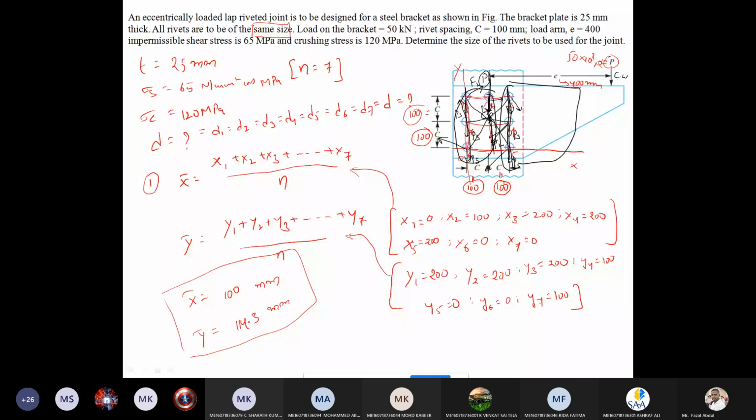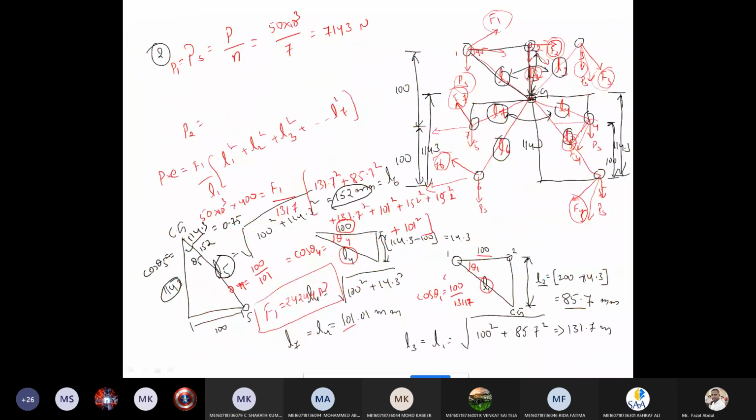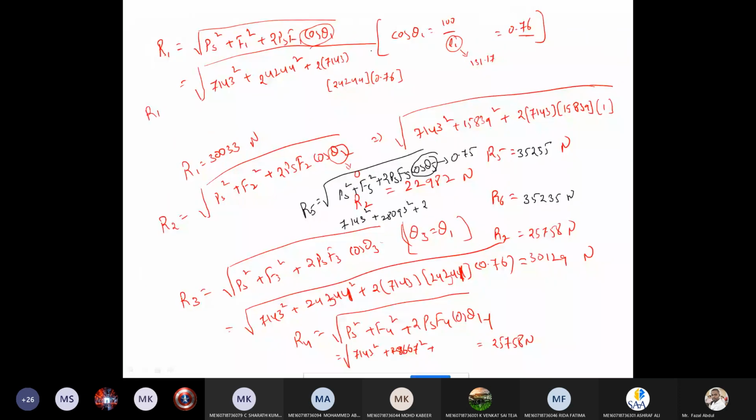Just see here, F1 how much we got? R1 value, sorry, R1 value how much we got? R1 value 3033 and R2 value 2000.